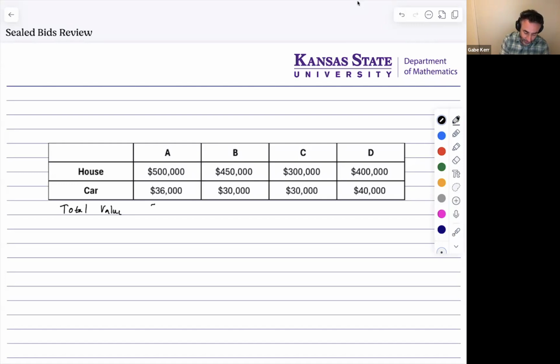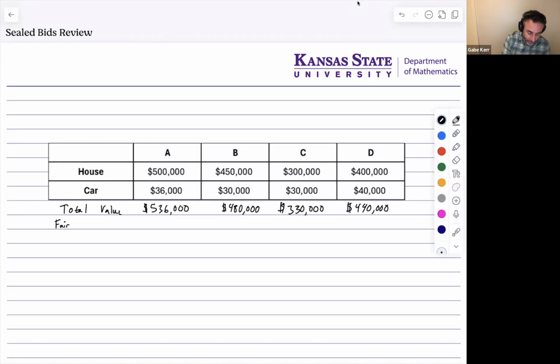So this is going to be $536,000, and then we'll have $480,000, $330,000, and $440,000. All right. So that's the total value, and then we need to calculate the fair share value.